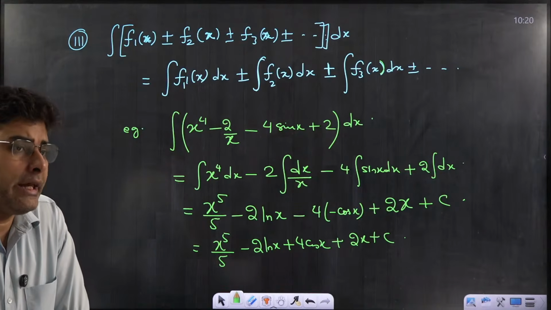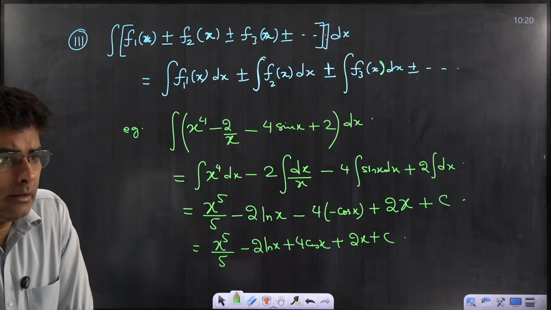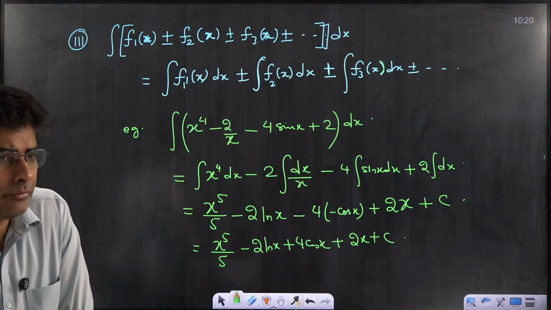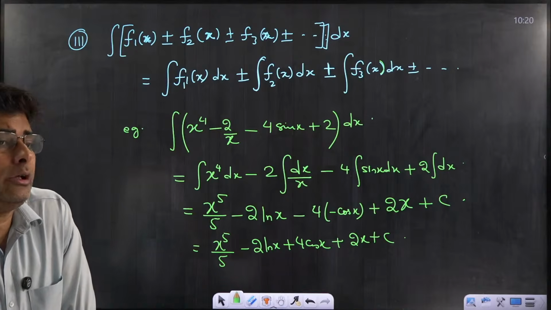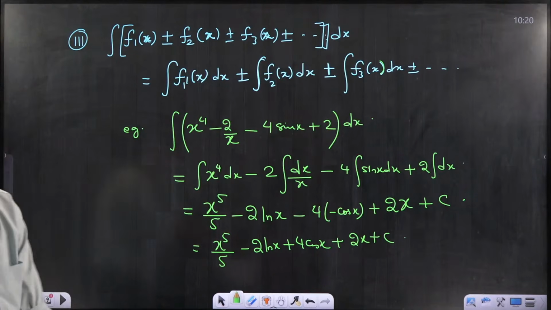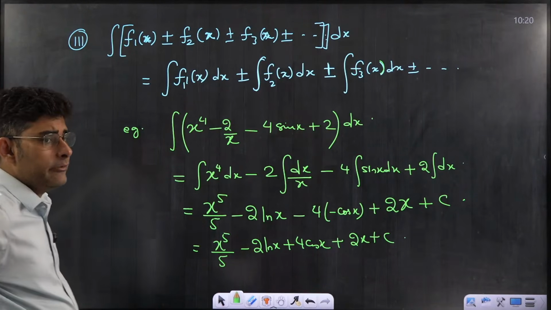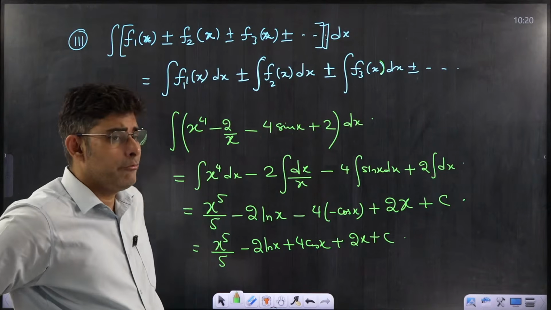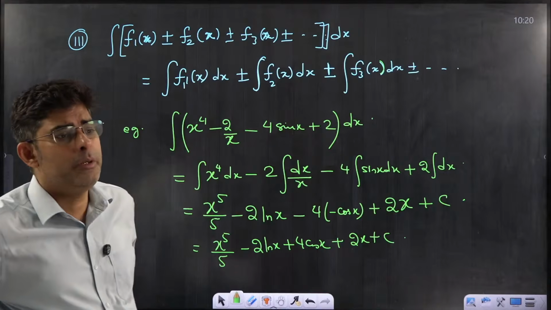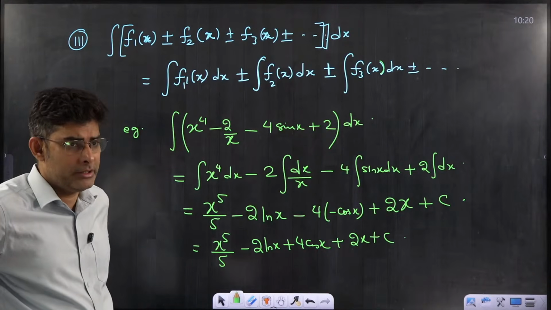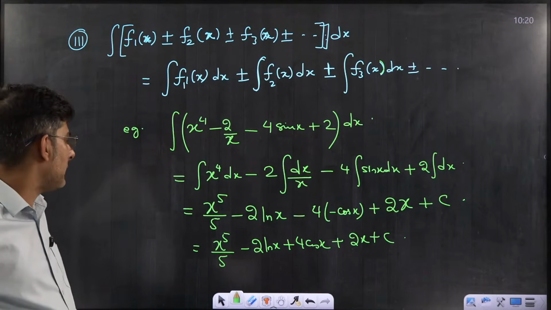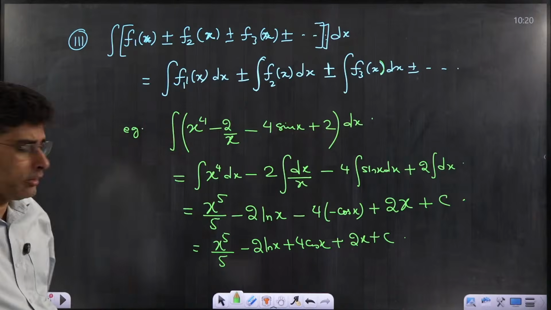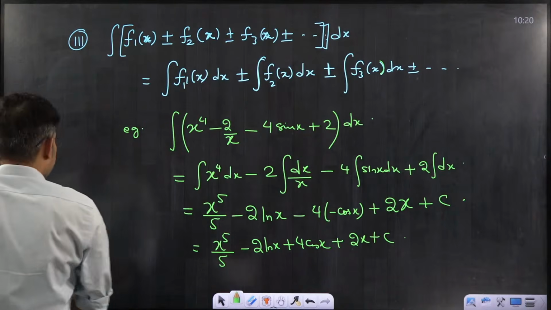Integration for JEE is mainly taught in detail. For NEET we don't have it, and for JEE also not in physics, but in maths we have to study integration in detail with a lot of rules and important concepts. But for physics, even in JEE, limited knowledge of integration is sufficient. So we are seeing how we have to use these rules. The third rule is also mentioned over here.